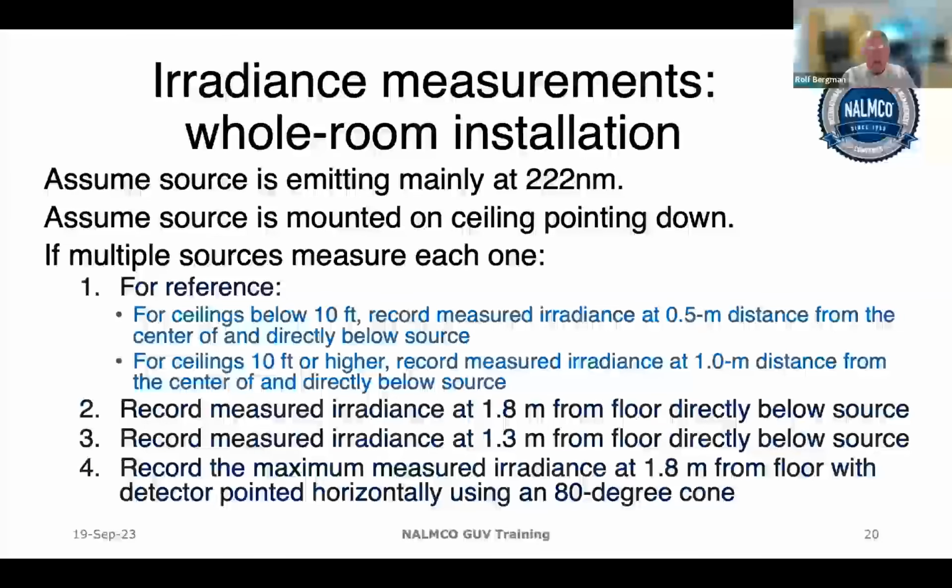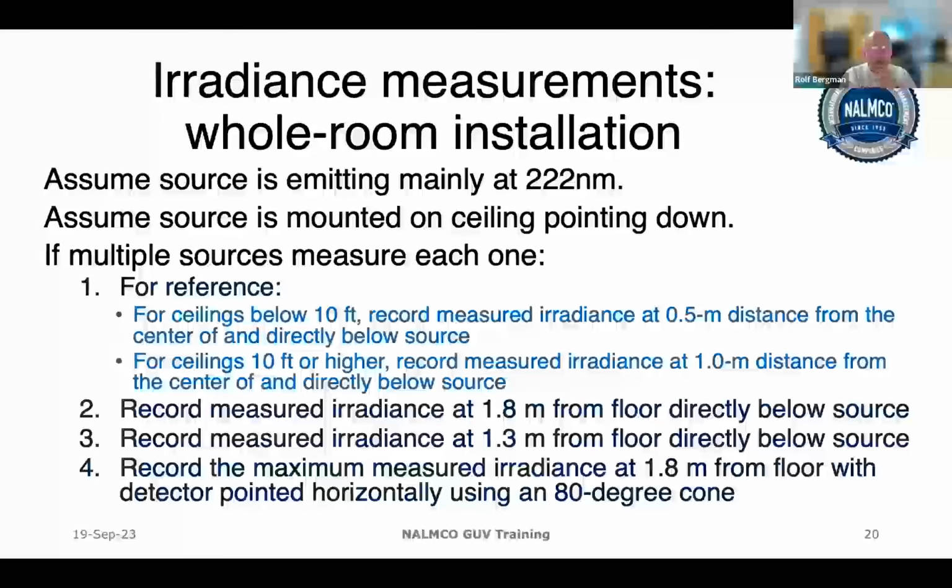These units are made to mount on the ceiling, pointing the radiation down. Some of the units create kind of a beam. Others have a diffuser over them, so the beam is spread over most of the room. But whatever, we'll assume that we have a source that's mounted on the ceiling and pointing down. So now the measurement procedure is different.